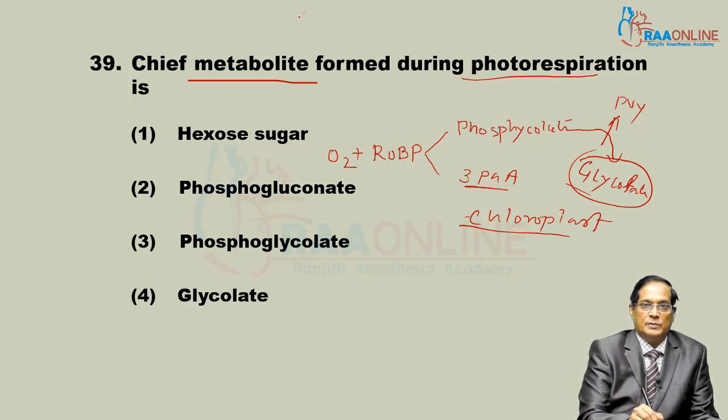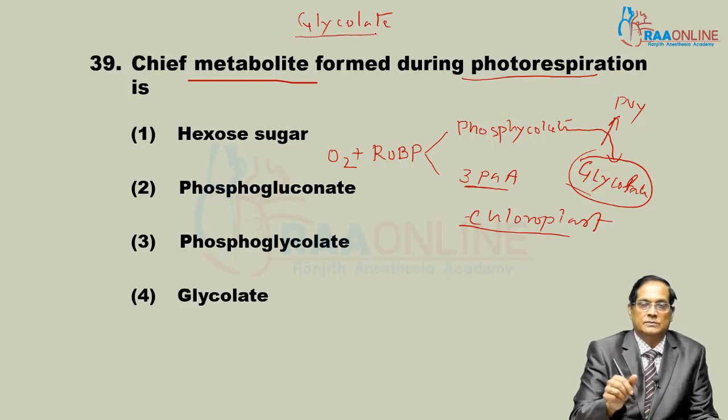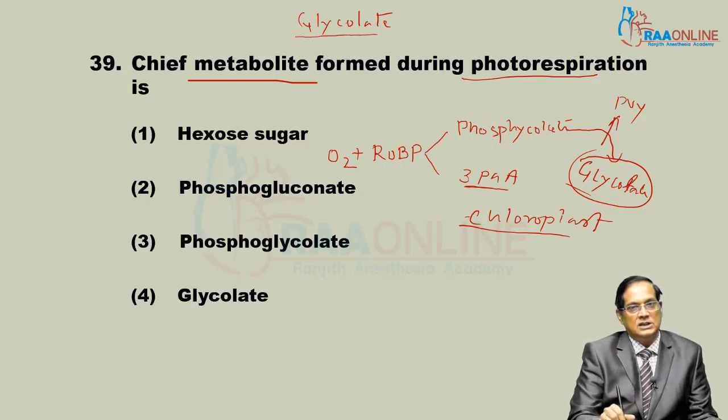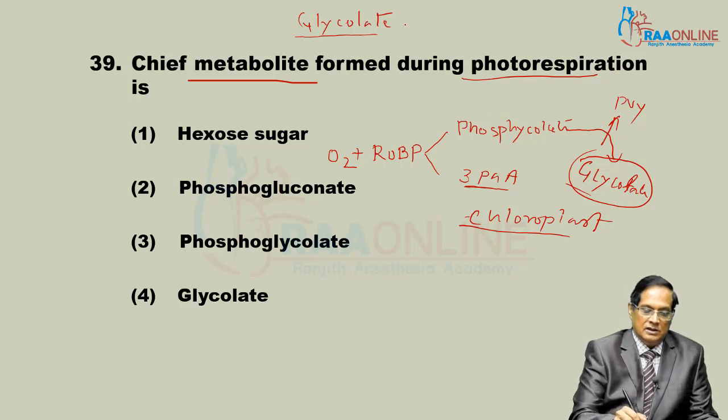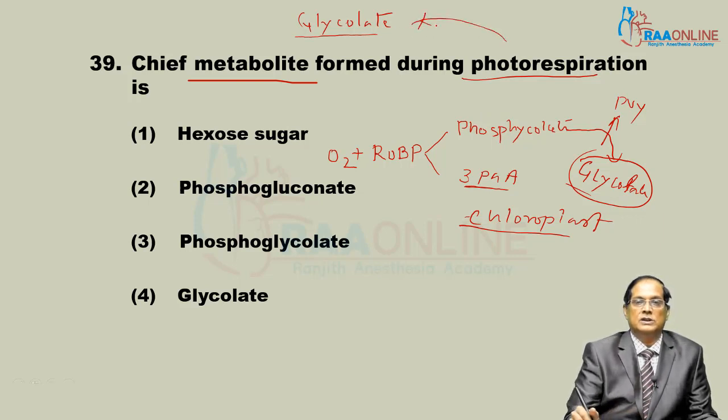That is, formation of glycolate as well as its consumption is seen in photorespiration. That's why photorespiration is called glycolate metabolism, or C2 cycle, because it's a C2 compound.